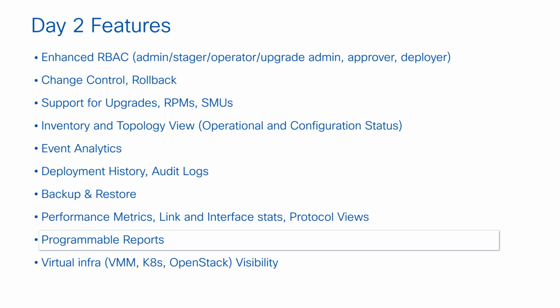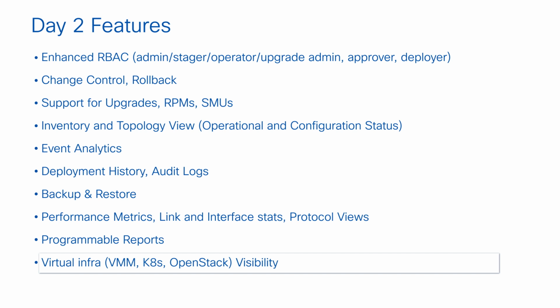It's equally programmable, as the name suggests, and can be emailed out as well. Not only for the network side, but we do have full support for visibility of the virtual infrastructure like vCenter, Kubernetes, OpenStack. So all of this visibility is basically an integration that is provided at an NDFC level.